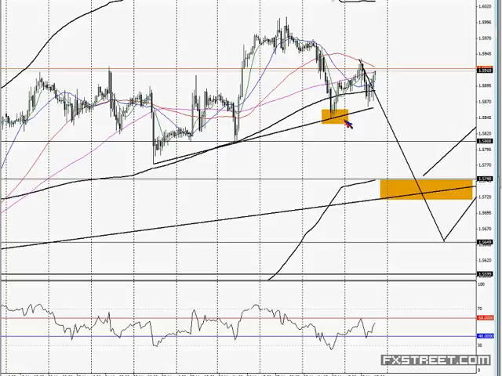I was looking there for support 1.5850, but it actually bottomed out at 1.5860 or something like that. And then again, just like the euro dollar, my plan was originally to actually scale in again as the market neared 1.58. But that didn't happen.